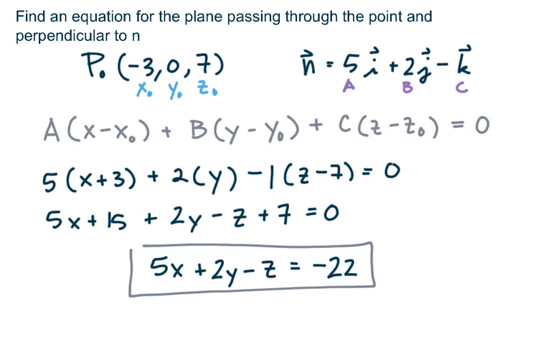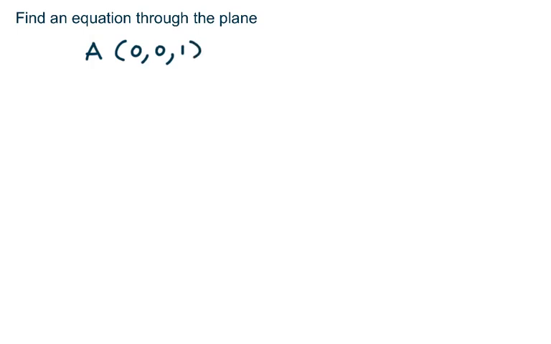For our next example, we're going to find an equation for the plane. And the plane is defined by A(0, 0, 1), B(2, 0, 0), and C(0, 3, 0).